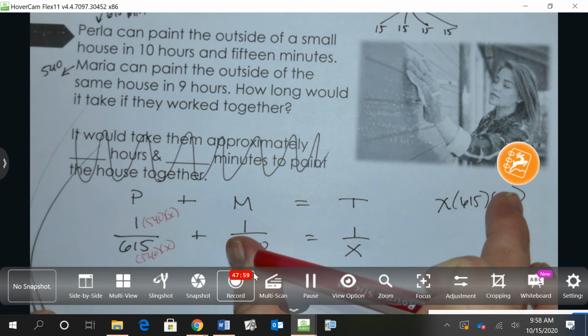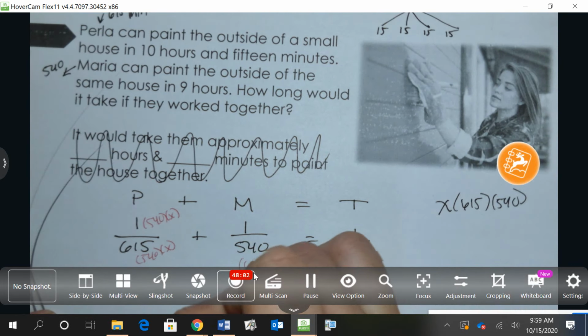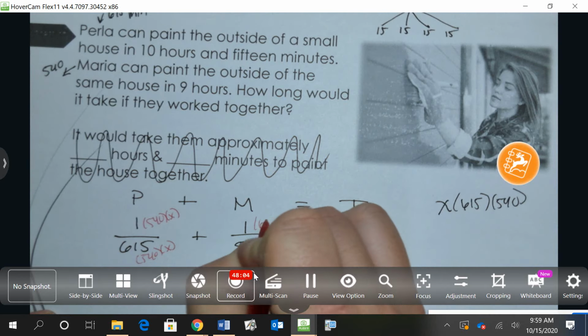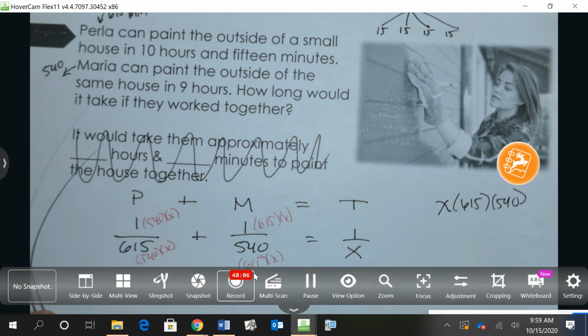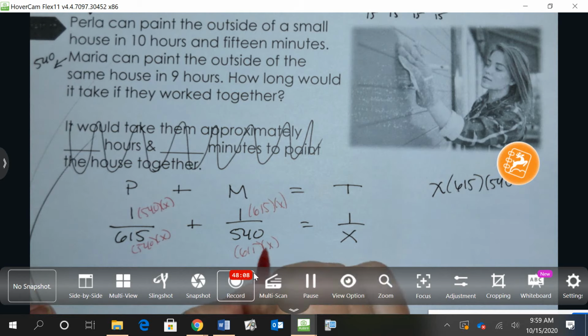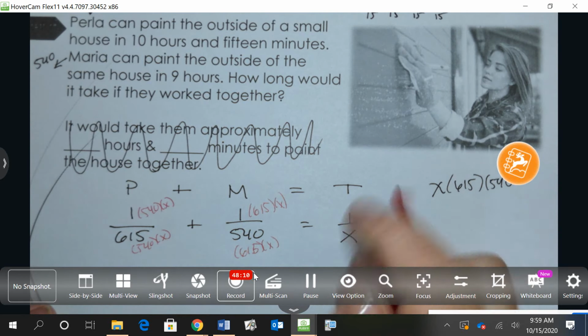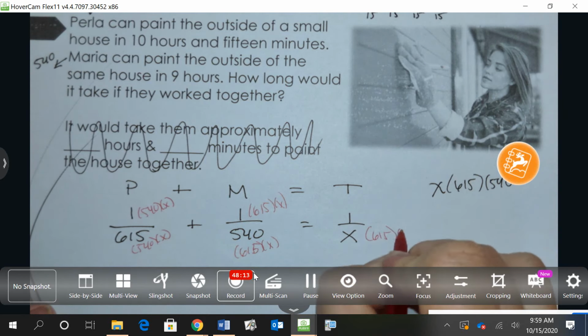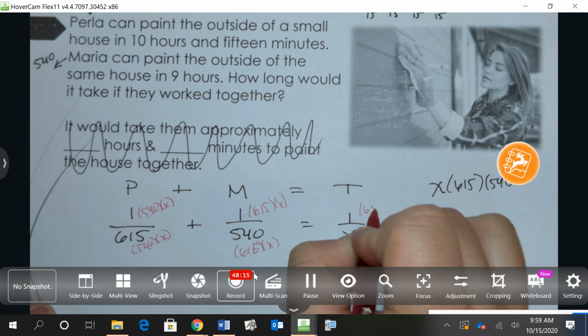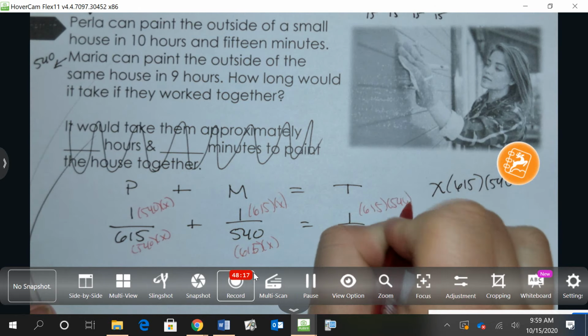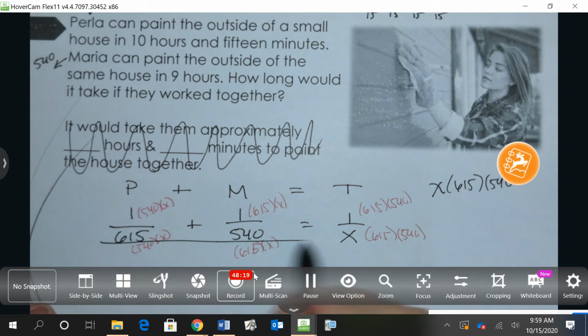If I cover it up, it's missing a 615 and an X. As a reminder, whatever you attach to the bottom, you must also attach to the top. This has an X and it's missing a 615 and a 540. And we cancel at the bottom.